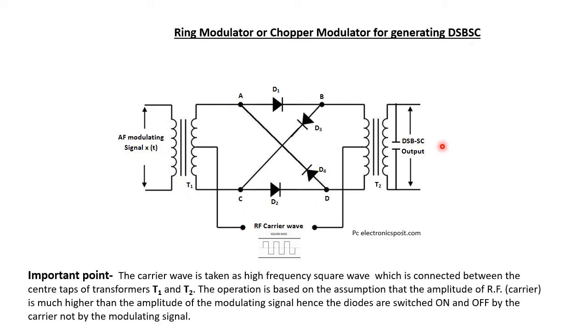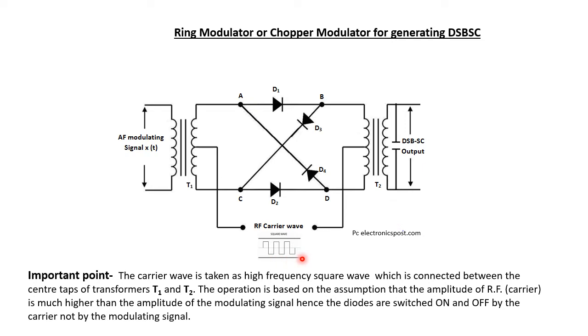As we can see in this diagram, two transformers, indicated as T1 and T2, are used as the input transformer and the output transformer, and both of them are center tapped. Across the primary of the transformer T1, the modulating signal or the audio frequency is applied, and across the center tapping of both transformers, the radio frequency signal or the carrier wave is applied.